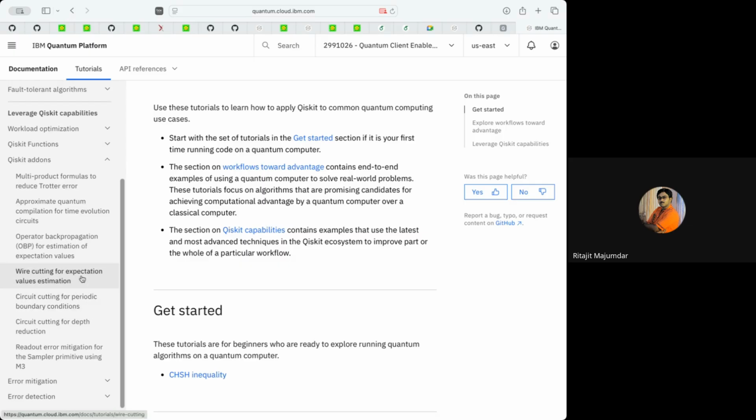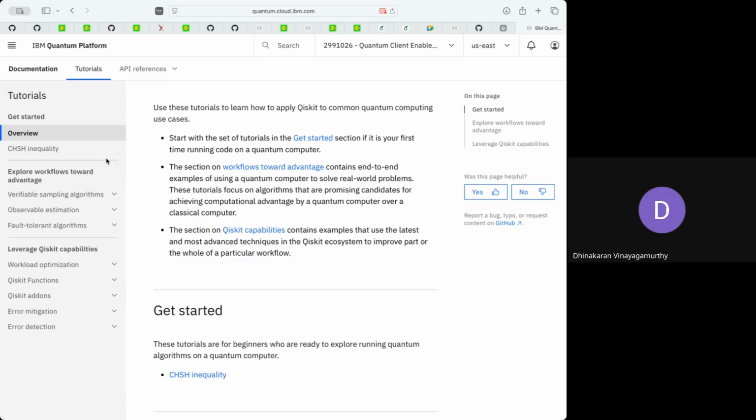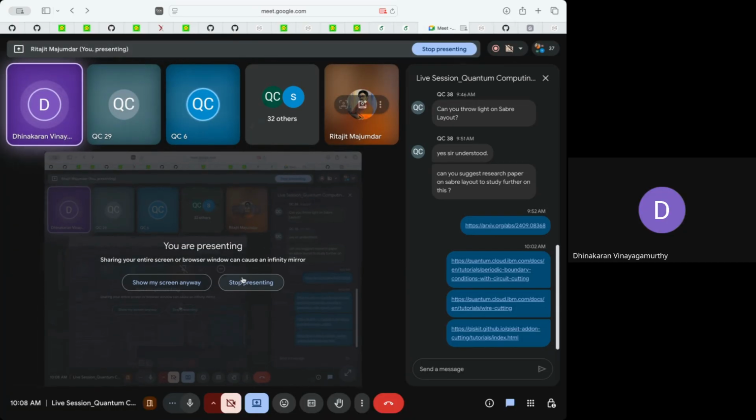So we cannot just put it as a requirement in transpilation, or else you would end up paying a huge amount of classical or quantum resource for this. If you want to use this, you have to use it separately as a Qiskit add-on. Okay, sir. Thank you, sir. Also, you don't need that as part of every circuit that you run. If a user wants it for the type of circuit they're running, cutting can be deployed and used additionally as part of the workflow. Okay, sir. Thank you, sir.